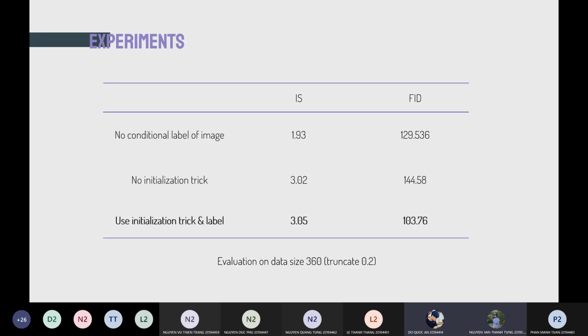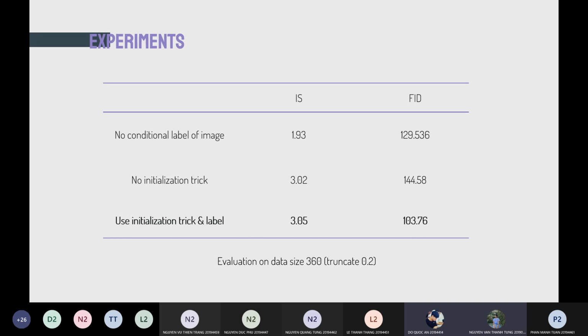Finally, we evaluated the given metrics, IS and FID, for different settings. For the first setting, with no conditional label of image and no initialization trick, we get a significantly low Inception Score compared to the other settings.